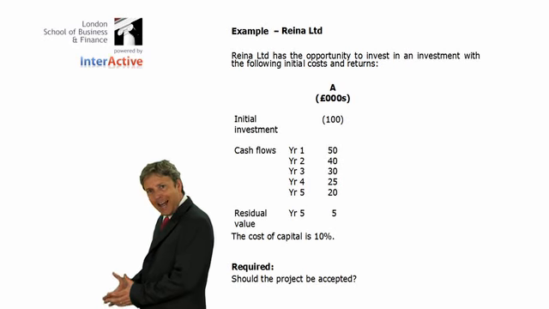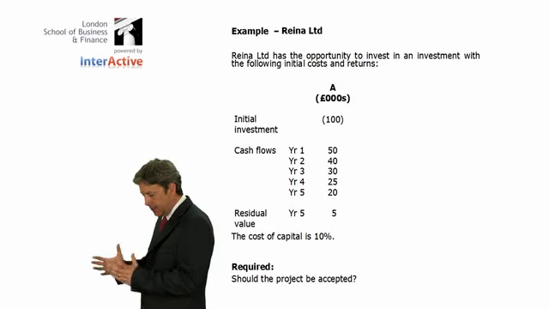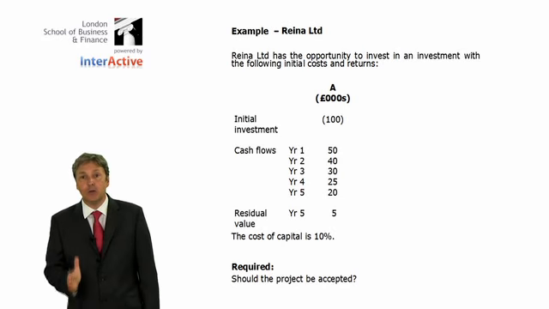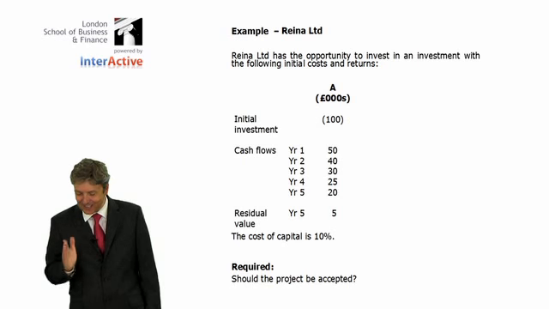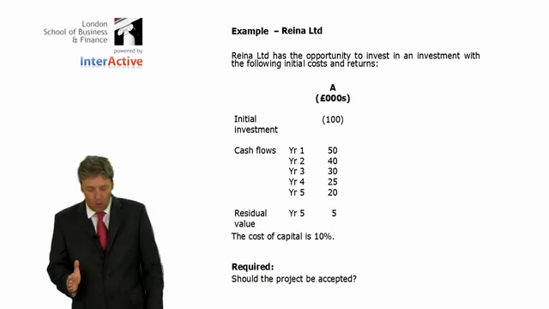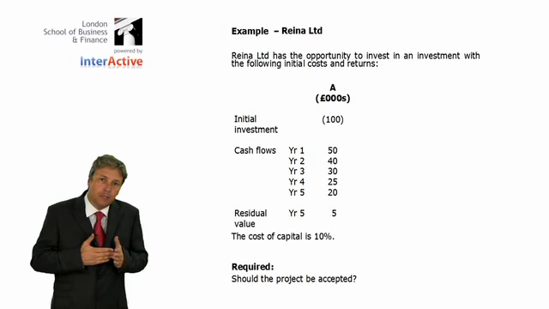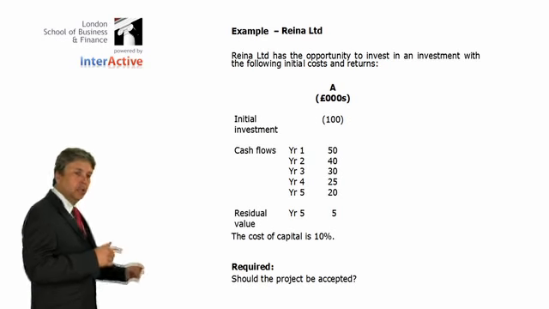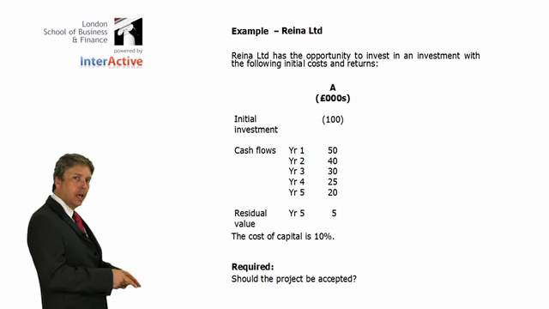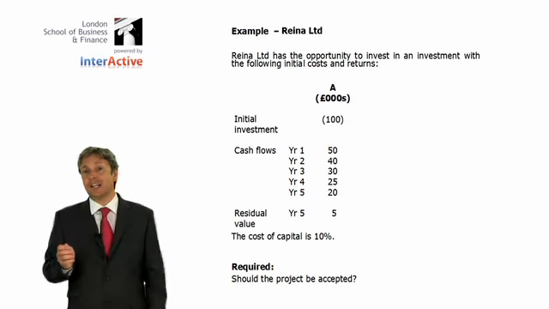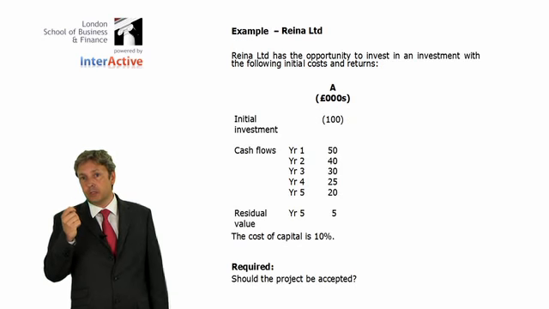Now, what I mean by now in time terms is this. It occurs in what we say year zero terms, because that is now. We are standing at the end of year zero. If you wish, tomorrow is the first day of year one. So, the initial investment we will talk about later as being year zero terms.